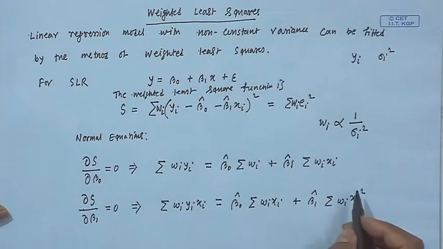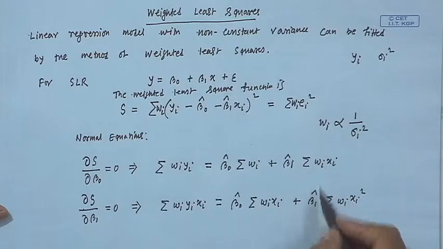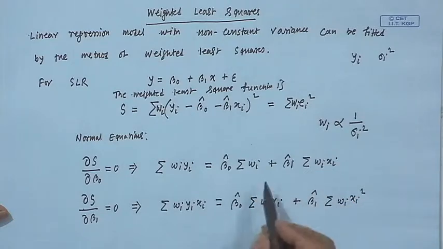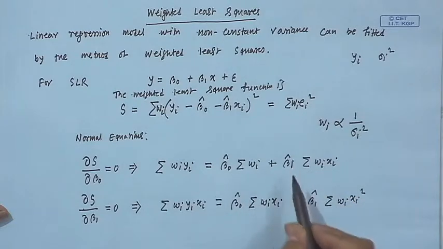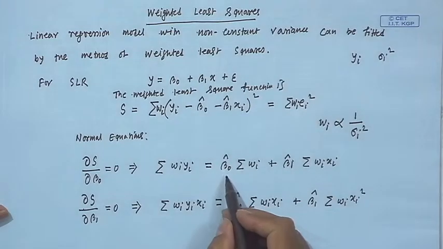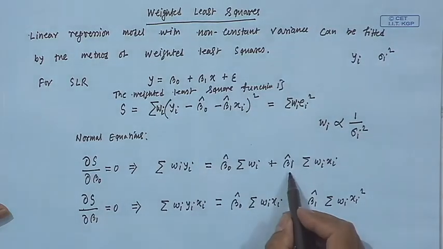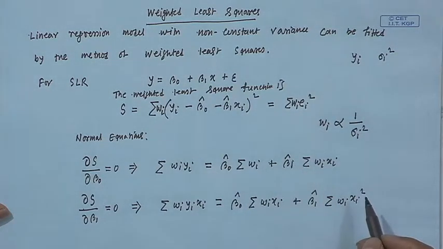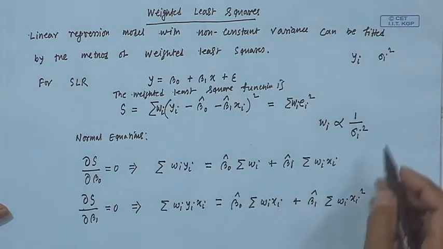So, you have two normal equations and two unknowns, beta naught and beta 1. By solving these two equations, you will get an estimate of the regression coefficients beta naught hat and beta 1 hat.